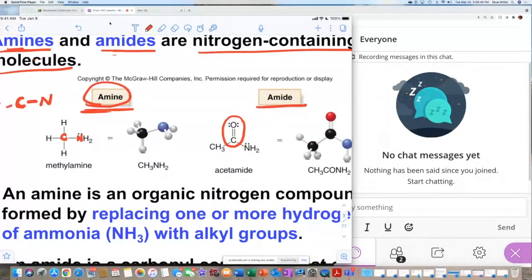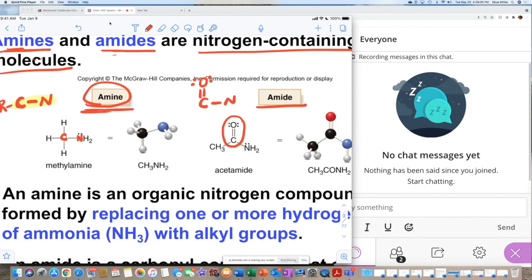So we say the rest of the molecule would be the blank. But this carbon here cannot be attached to oxygen via a double bond, or else that will make it an amide. So in an amide, we have a carbon attached to an oxygen via double bond, and attached to a nitrogen. So you have this combination here.